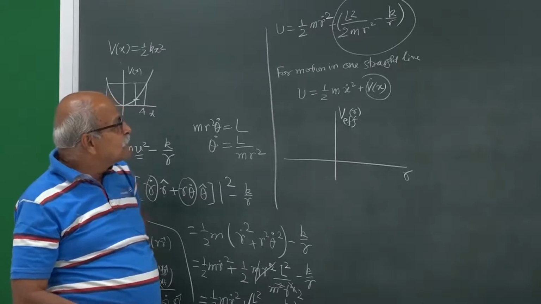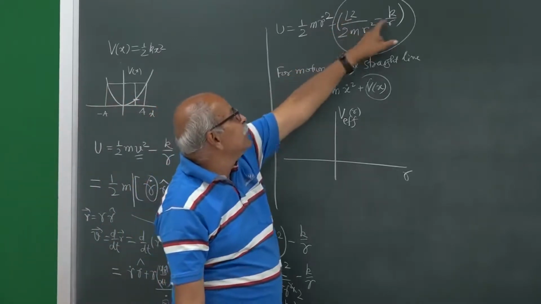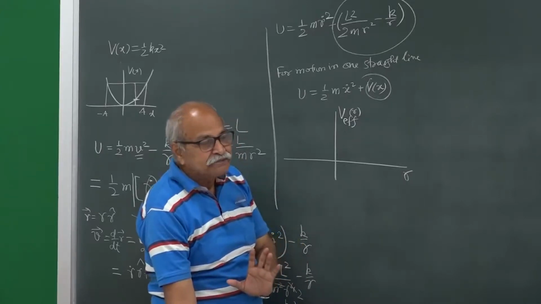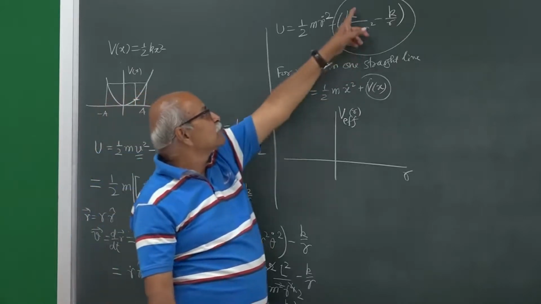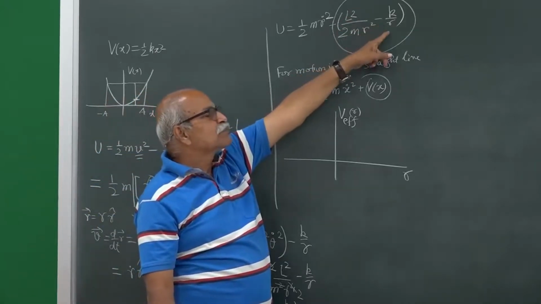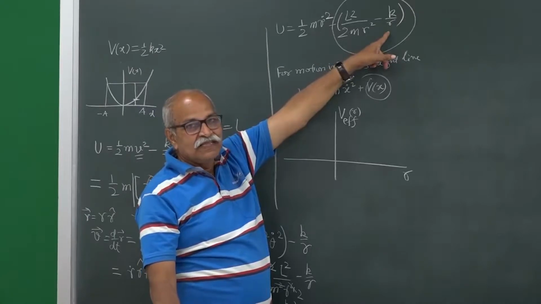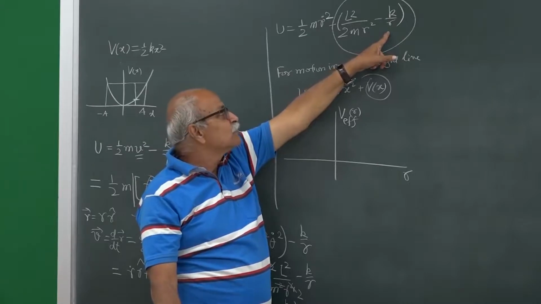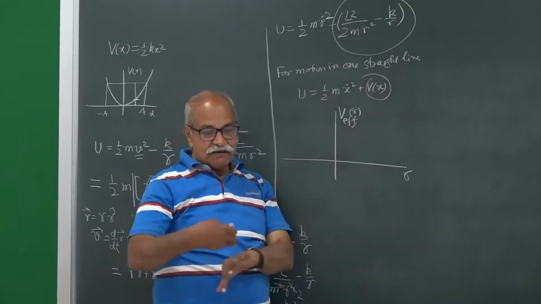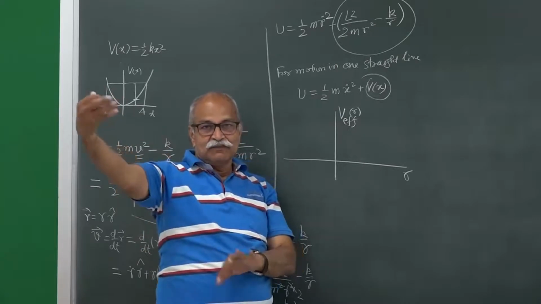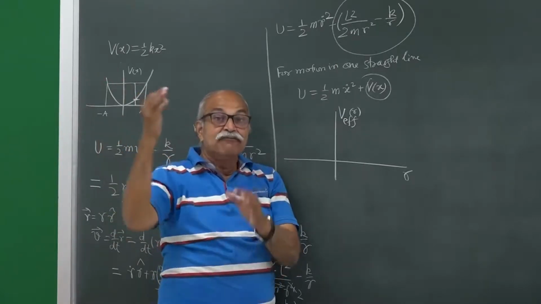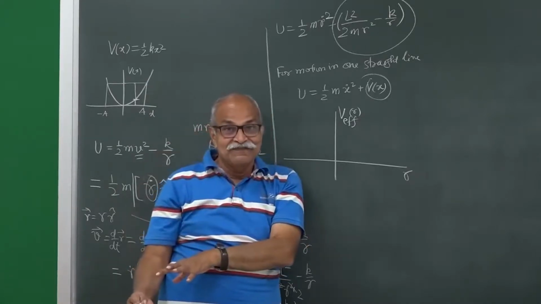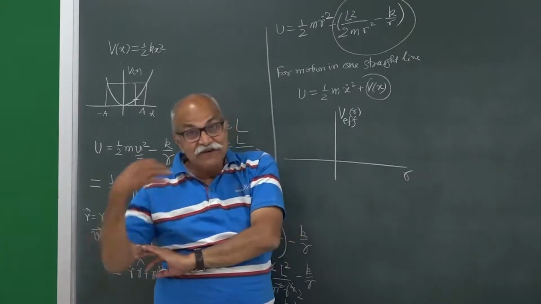The actual plot will depend on the actual values of L, m and k, but we can still get information about the shape. There are two terms here: one is proportional to 1 by r square, another is proportional to 1 by r. If r is very, very small, much smaller than 1, then what will happen? 1 by r becomes very large, and 1 by r into 1 by r will be even larger.